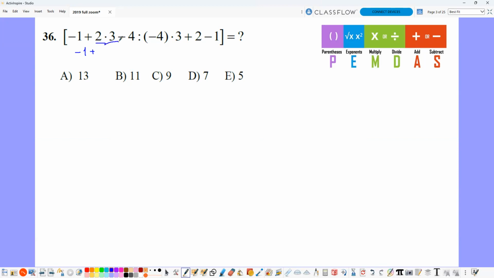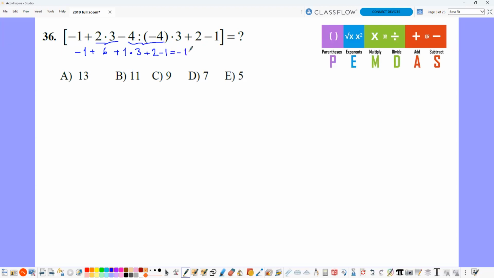-1 plus 2 times 3 is equal to 6. And -4 divided by 4 is going to be equal to -1, times 3. Then this is going to be plus 2 minus 1.